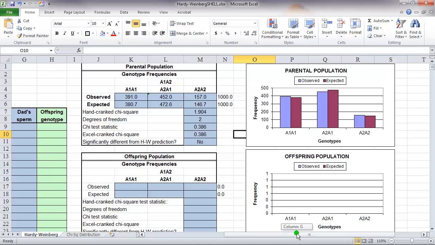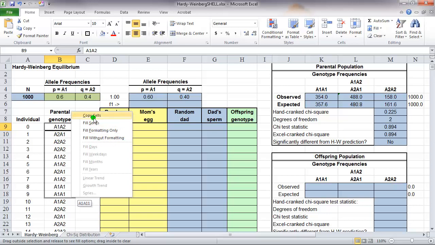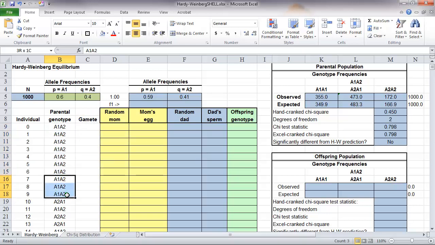Now, just to drive this point home, we're going to simulate a population that is way out of Hardy-Weinberg equilibrium. You can copy this formula and store it someplace else on your spreadsheet, but I'm going to overwrite my values here, and I'm going to set up a population that consists strictly of A1, A2 heterozygotes.